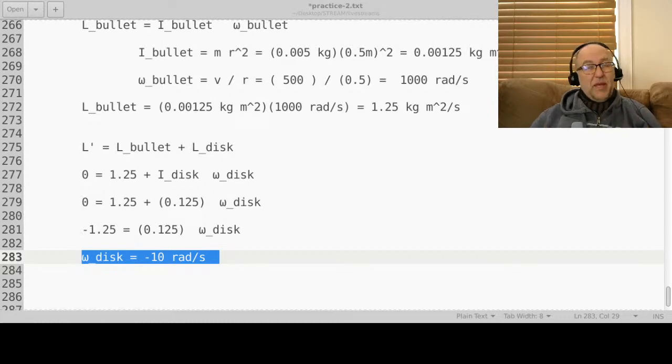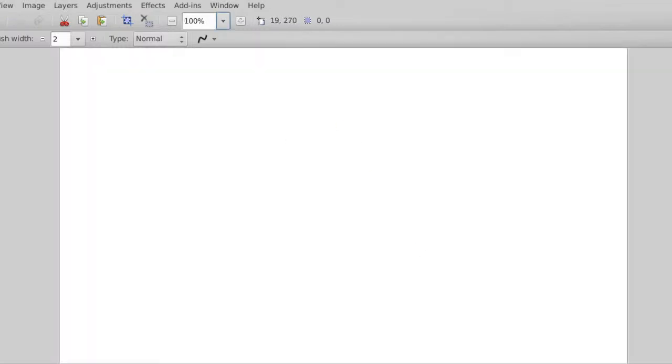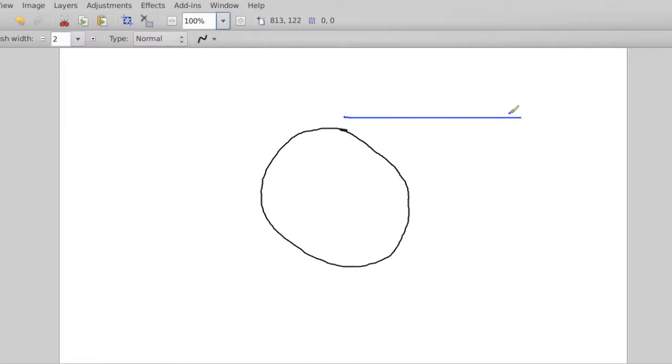So is this kind of what we expected? Let's go back to the diagram here. Yes, and in fact it's negative because it's spinning in the opposite direction to the velocity. Because the bullet, this is getting really messy. Let me just quickly draw another diagram here. So here's the disk, and the bullet is heading off this way.